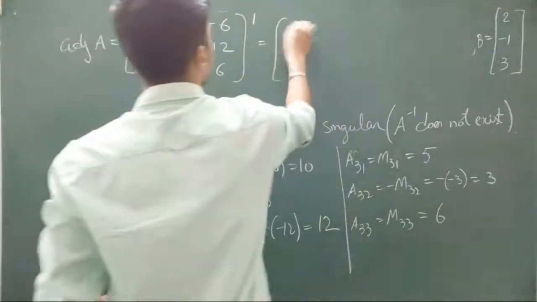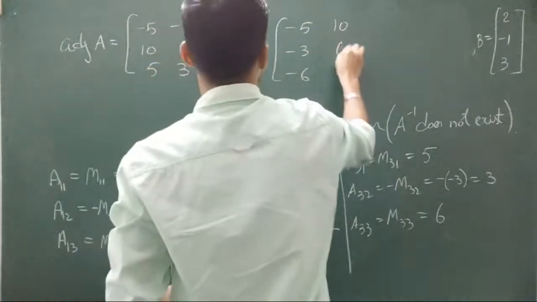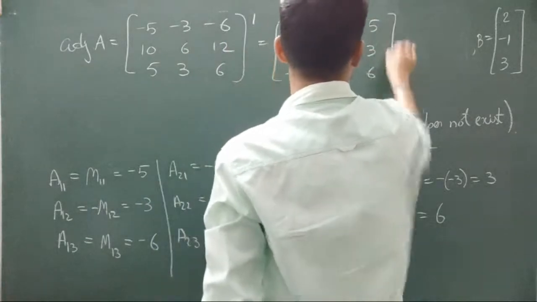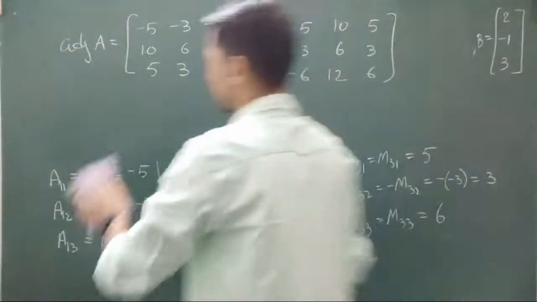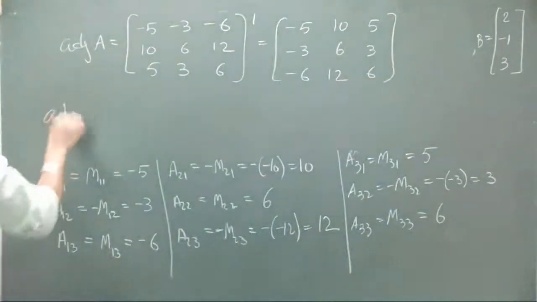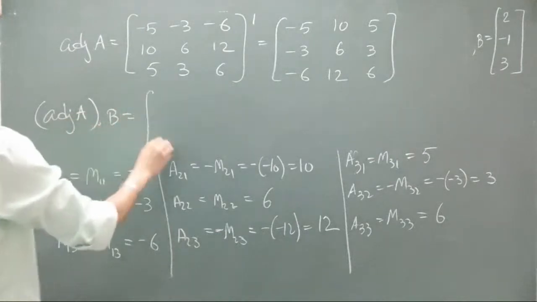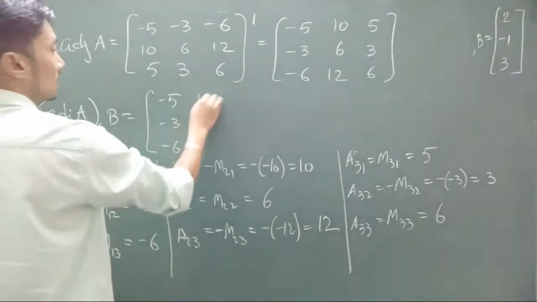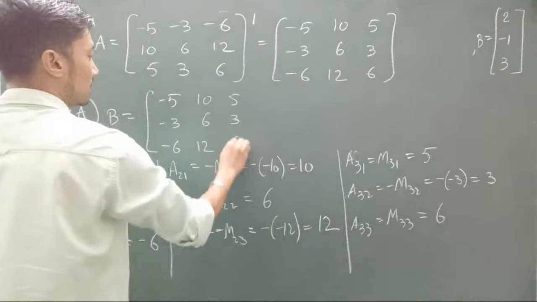So that would be minus 5, minus 3, minus 6, 10, 6, 12, 5, 3, 6. Isn't it, folks? Then find out its product with B.